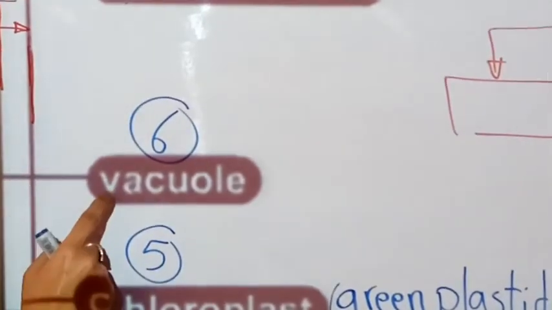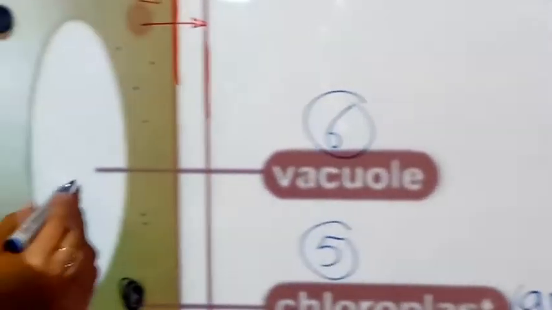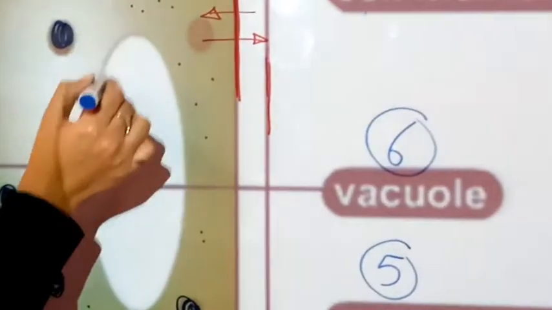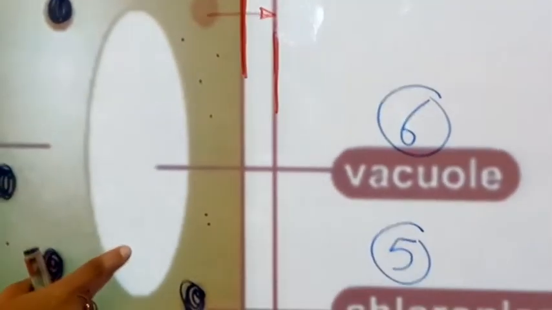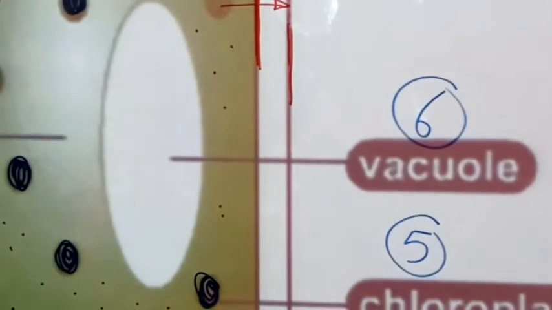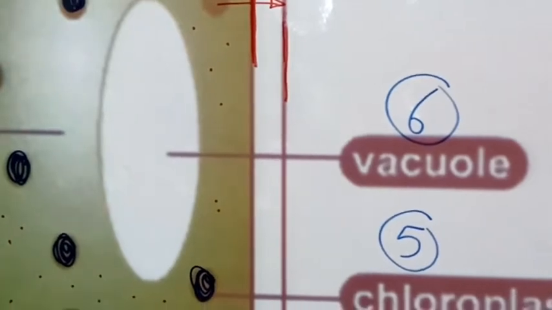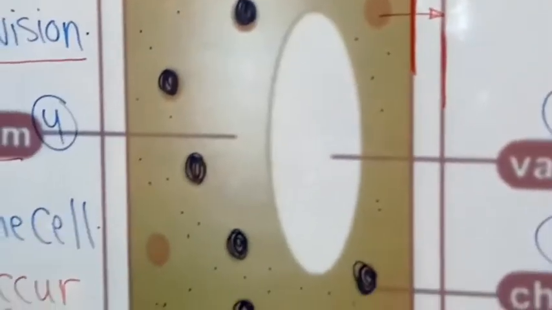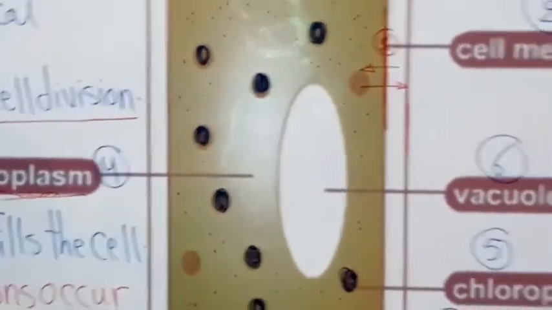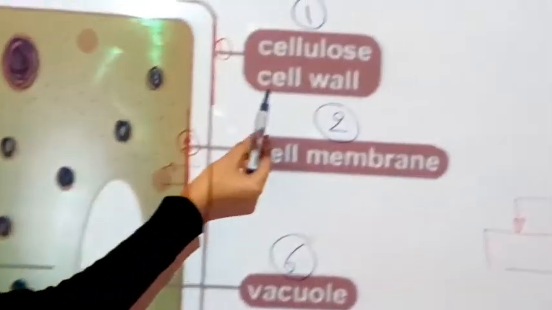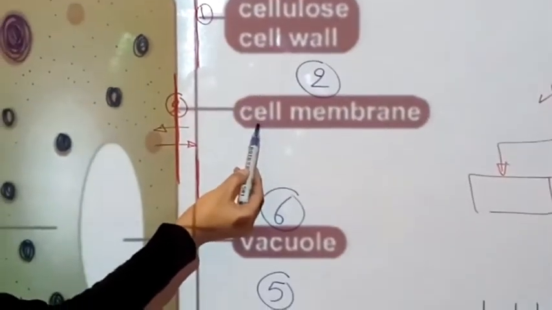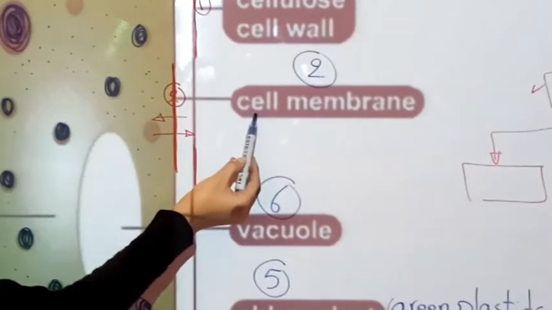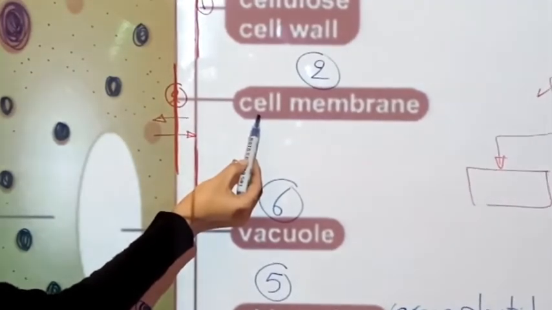Number 6, the vacuole. This is the vacuole, the white thing inside the plant cell. These are all the components of the plant cell. Number 1, the cell wall. Number 2, the cell membrane or plasma membrane.